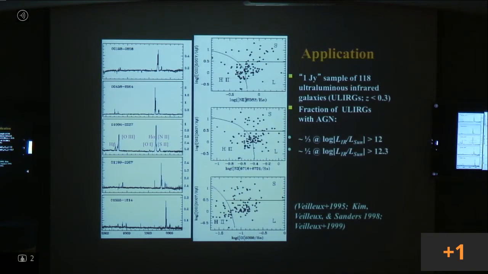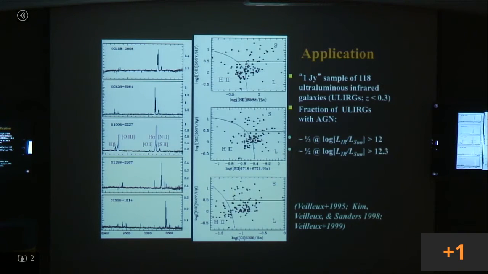I became really interested in them because we thought that they might be proto-quasars. So hundreds or so of them, and this is the sort of numbers we were getting in terms of number of targets that can be put in these diagrams. In this particular paper, we found that among ULIRGs, about a third of them have AGN. And then if you go to even higher infrared luminosity, it becomes about a half. There's a dependence on luminosity.